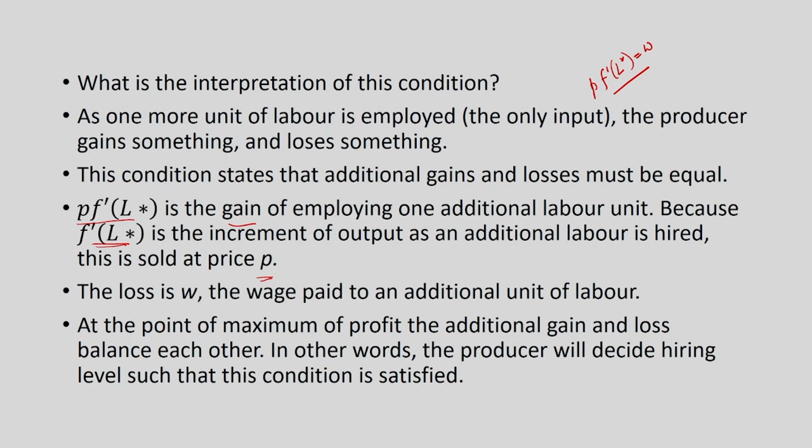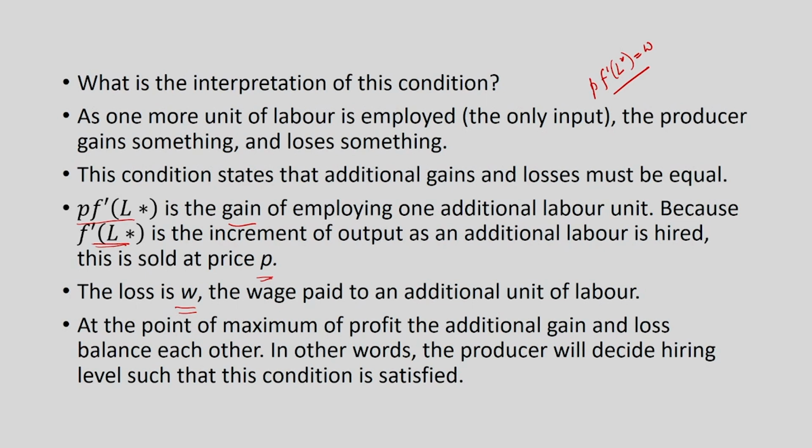So, that is why I am saying this is the additional gain. On the other hand, if one more unit of labor is employed, there is a loss, and that loss is given by W. What is this W? W is the wage paid to the additional labor unit, right.